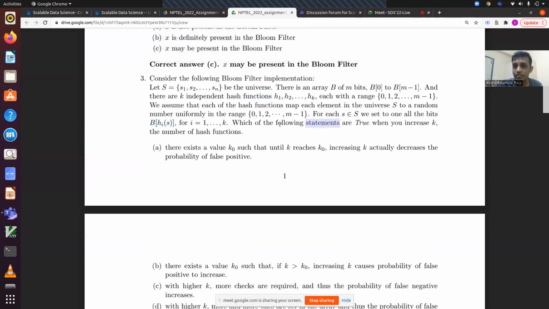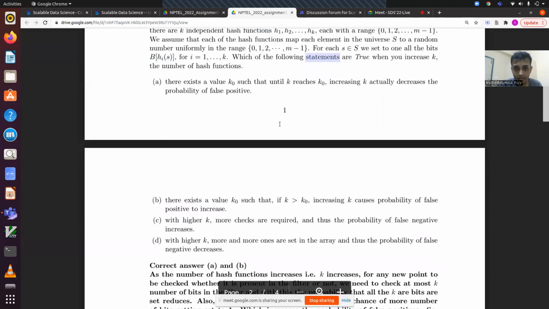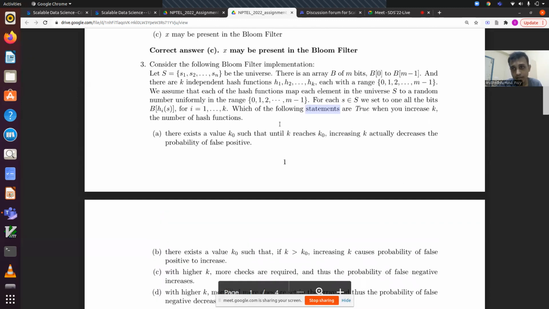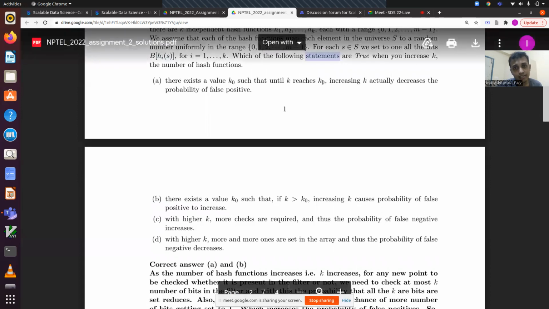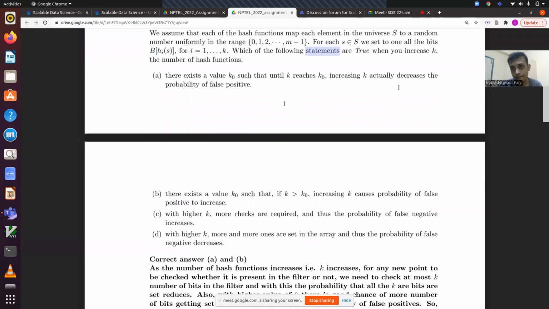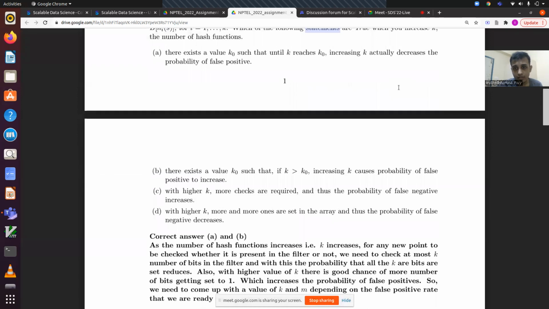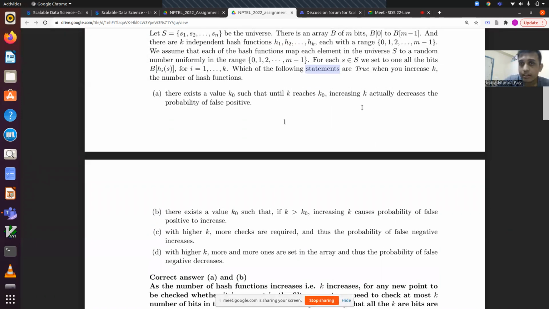Which of the following statements are true as you increase K, the number of hash functions? There exists a value K0 such that until K reaches K0, increasing K decreases the probability of false positive.